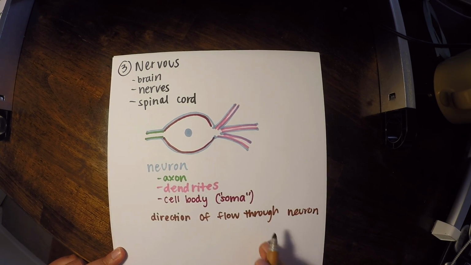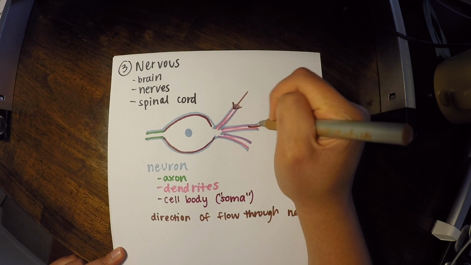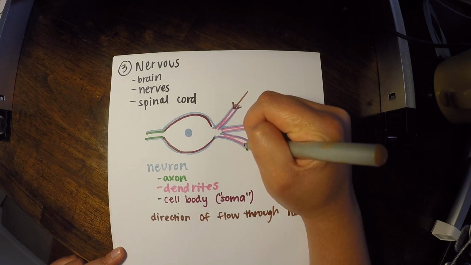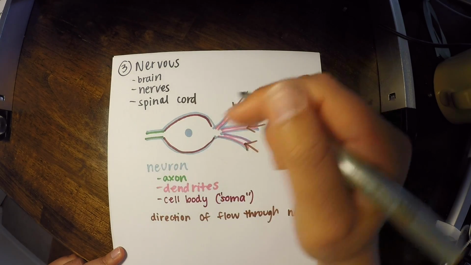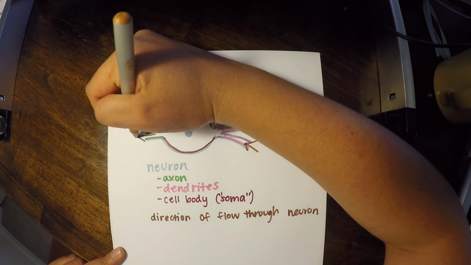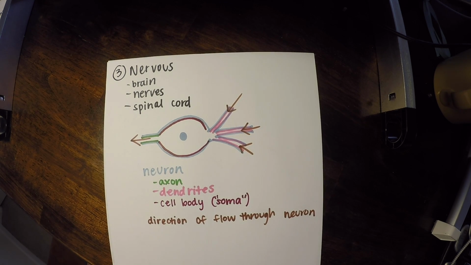So I'm going to use this brown color for that. So things are going to flow into the dendrites, in through the cell body, and then out through the axon. So that's how our nerves communicate messages to each other, and we can basically transport those messages. You'll learn more about that process in physiology, but I just wanted to give you the basics here in anatomy.